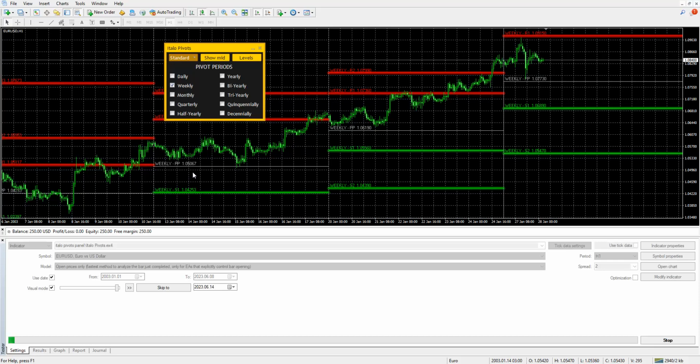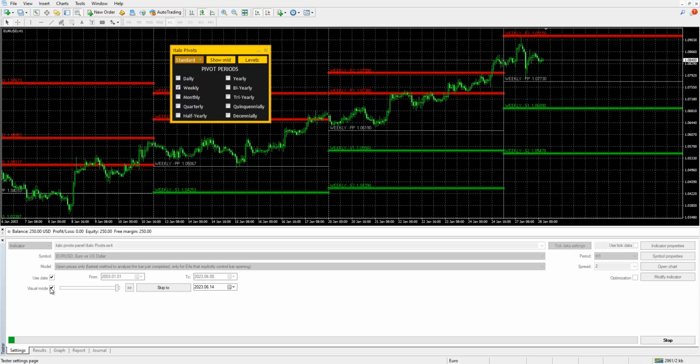So if you trade on MT5, you can send me a private message, and I can give you a demonstration version of Italo Pivots for you to test for at least 7 days in your MetaTrader. But for MetaTrader 4, you'll be able to test my Italo Pivots indicator inside your strategy tester here.